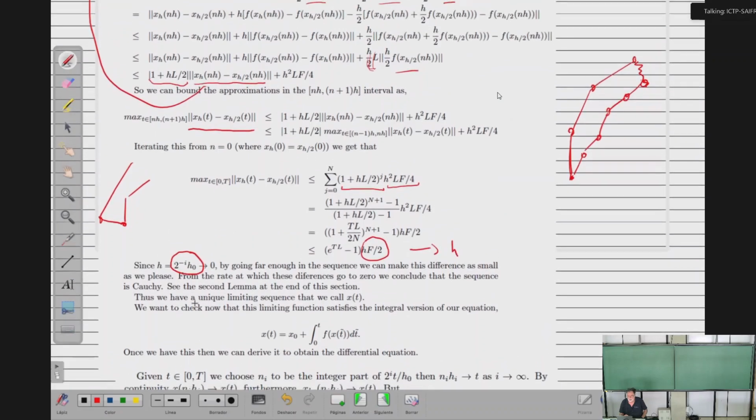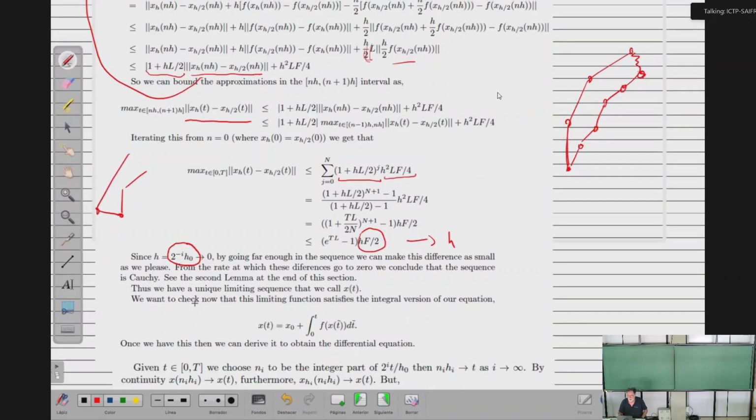So the sequence is Cauchy, okay? You might say, well, you only proved that x_{h_i} minus x_{h_i/2} goes to 0, so this sequence is Cauchy.